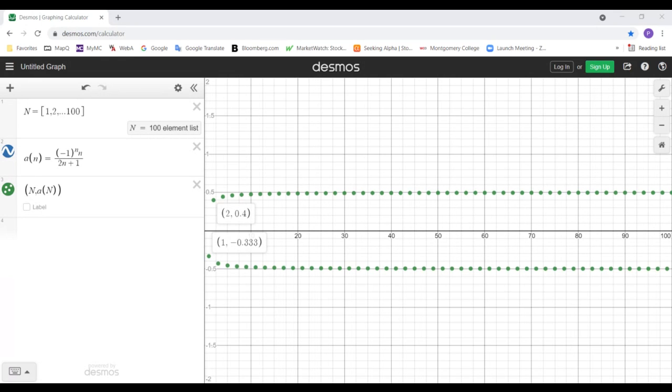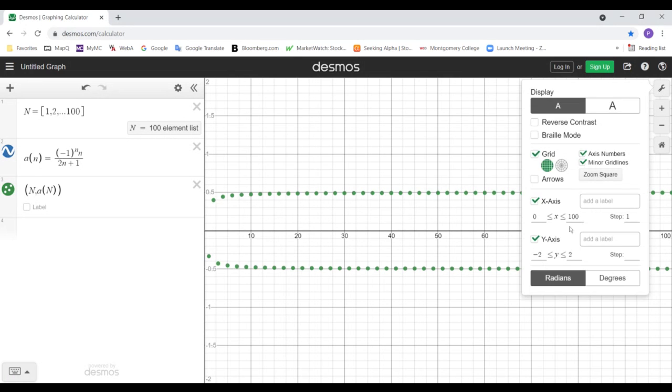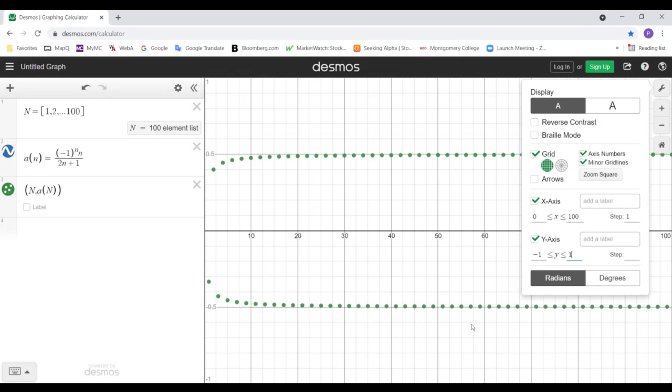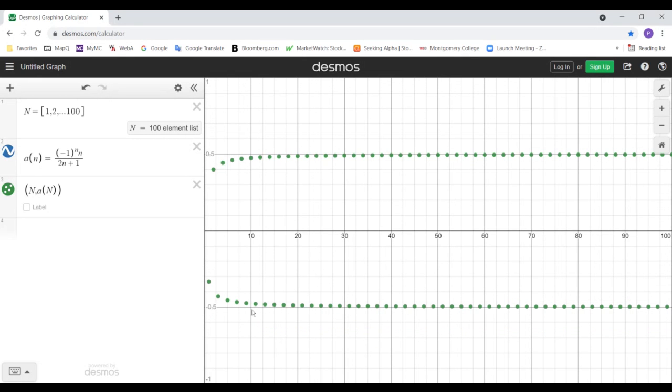Is this making sense? And actually, maybe what I'll do, let me just go into Desmos. I want to change my window. I want to make the x-axis go from -1 to 1. Okay, that'll be just a little bit nicer. There we go. And then there's the first term, second term.